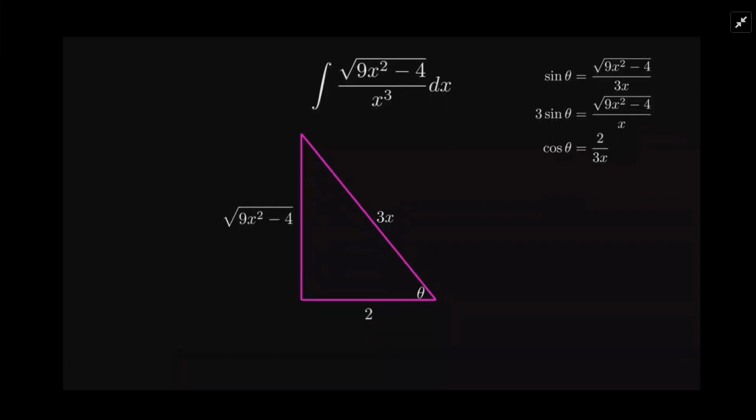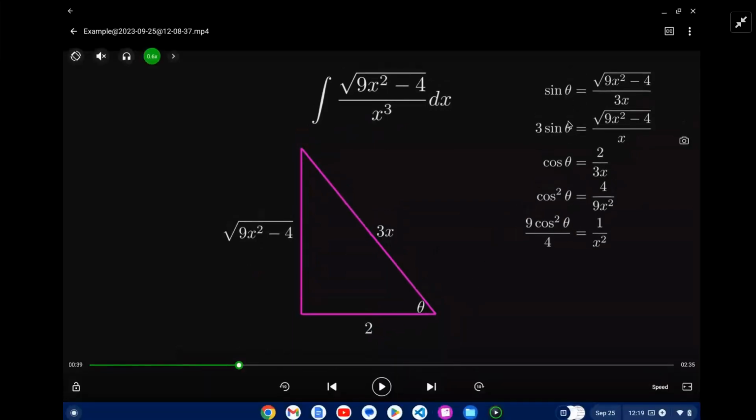I want an x squared in the denominator, so I'm going to square the cosine. I'm just trying to make this thing. We got 4 over 9, which we don't want, so we'll move that over to the left. And now I've got x squared, and hopefully you can see that if I multiply 3 sine theta times this 9 cosine squared theta over 4, I'm going to make this fraction.